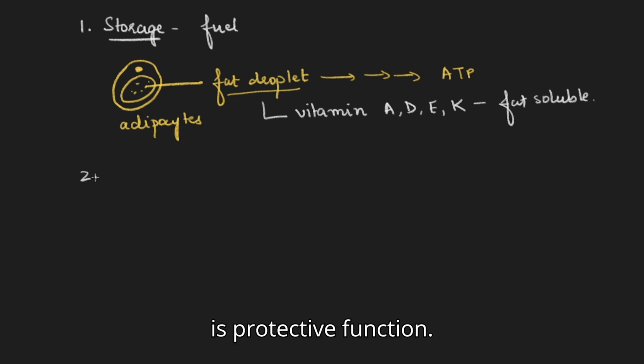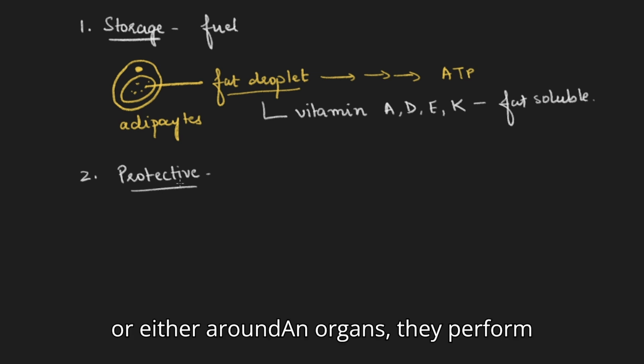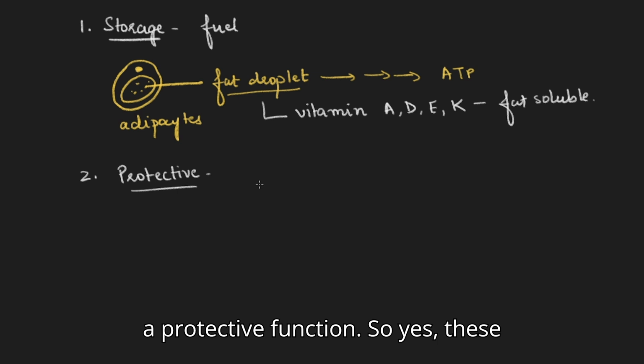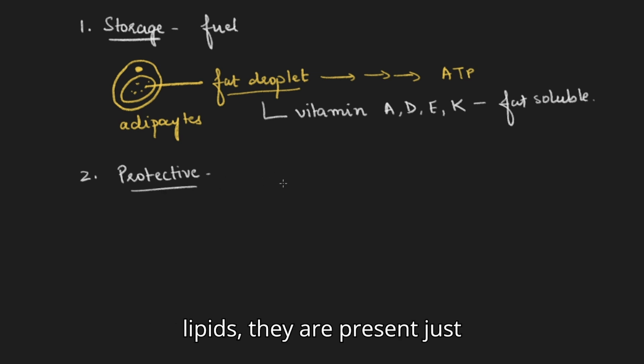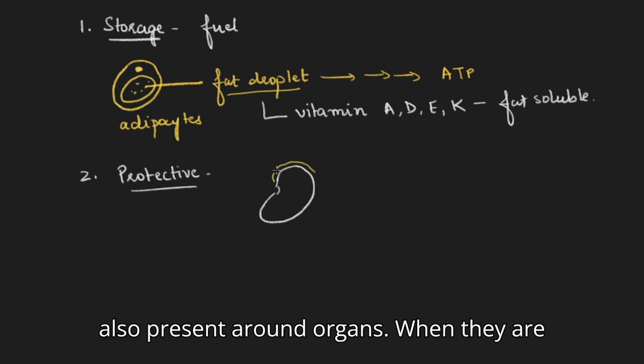The next function is the protective function. When lipids are present either underneath the skin or around an organ, they perform a protective function. These lipids are present just beneath your skin and also around organs.